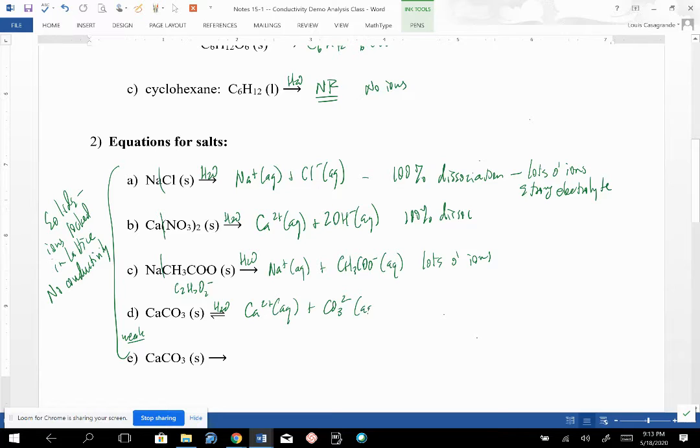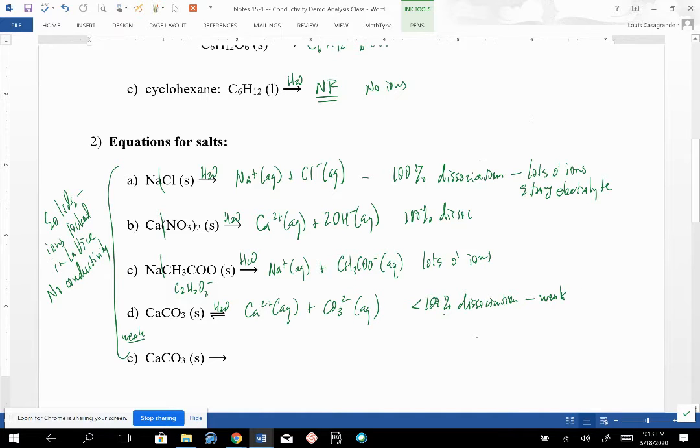But this is something we actually skipped over in equilibrium in the interest of time. This kind of a salt doesn't dissociate 100%. This has less than 100% dissociation, which again makes it a weak electrolyte.